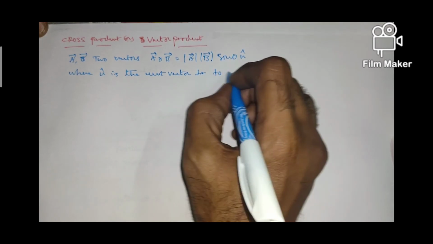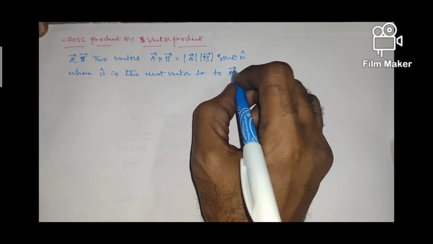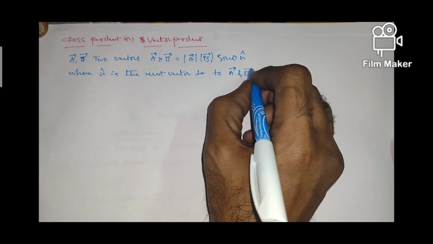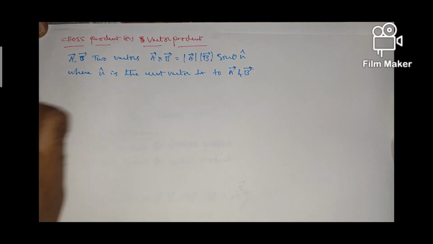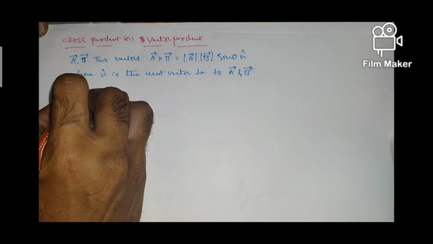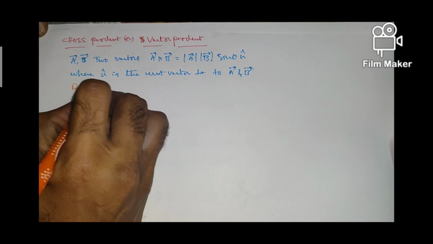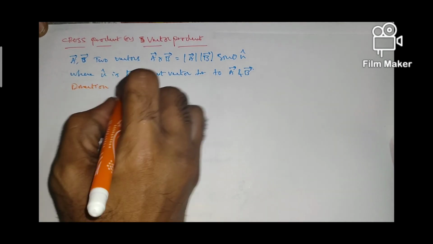N cap is the unit vector which is perpendicular to the plane having both A bar and B bar. And the direction of this unit vector is given by right hand thumb rule.